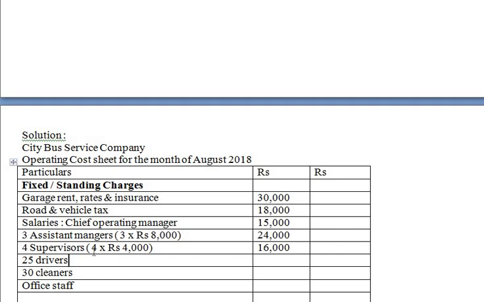Next, 25 drivers into 2,400 each, rupees 2,400. That is 60,000.